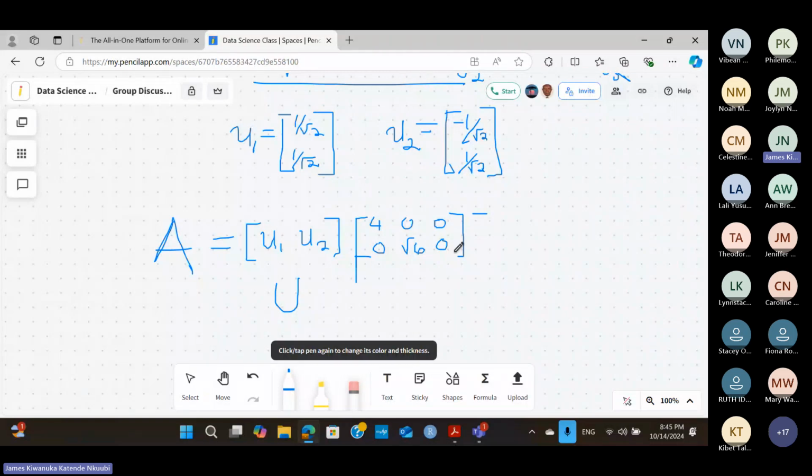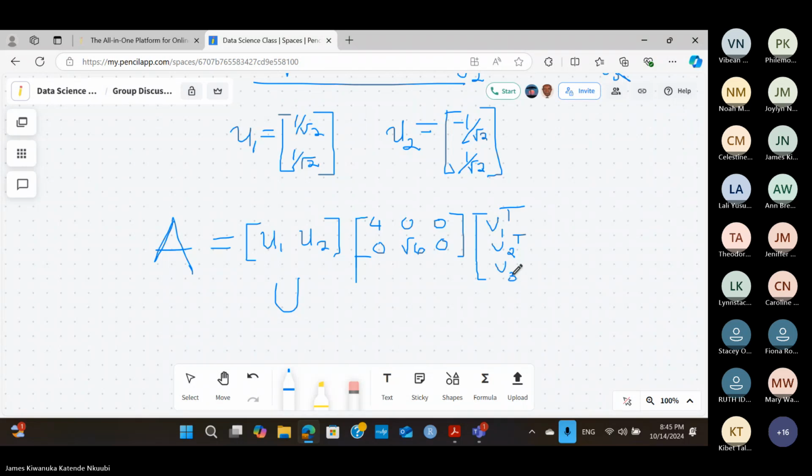This side, we have the matrix whose rows will be the transposes of these, V2 transpose. But I think it should look something like this if I got it correct. But you get the idea.